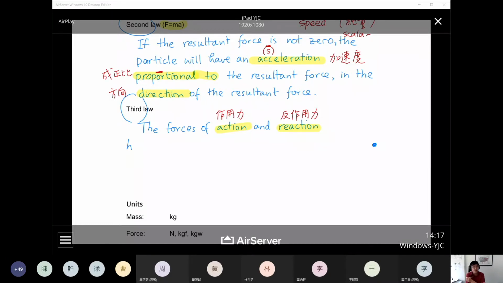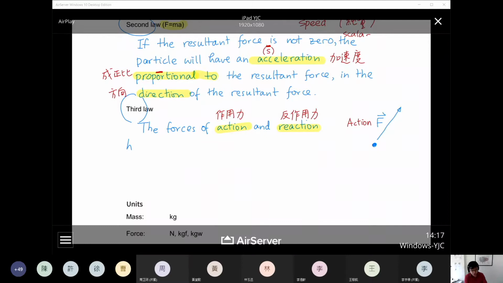So we have a point here, and we have an action force F. If we have an action here, what do we know about the reaction?